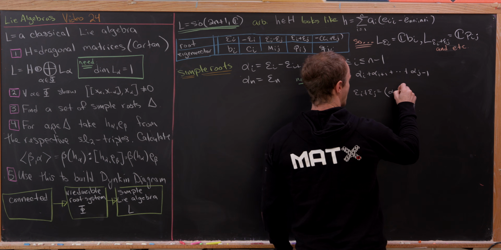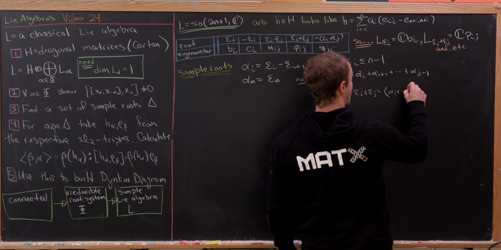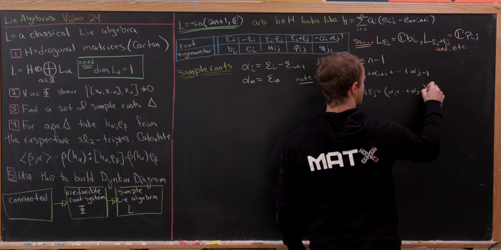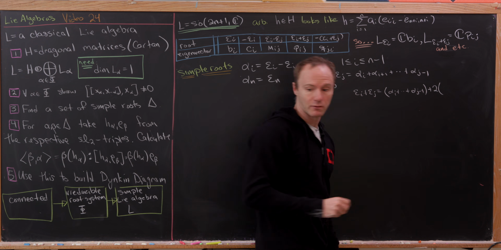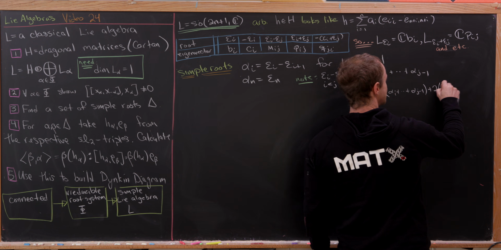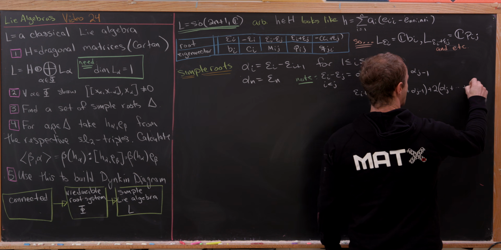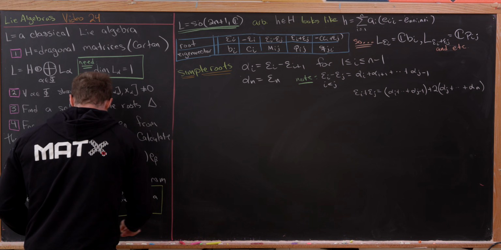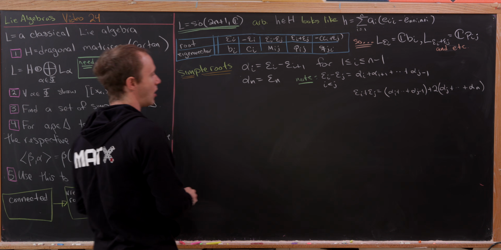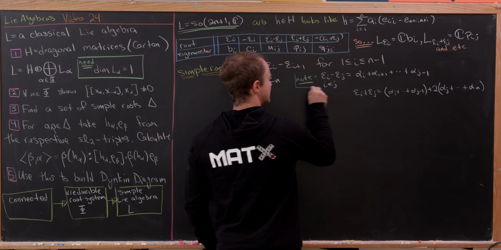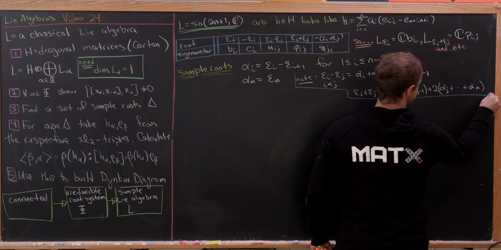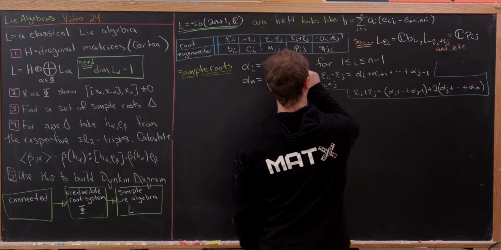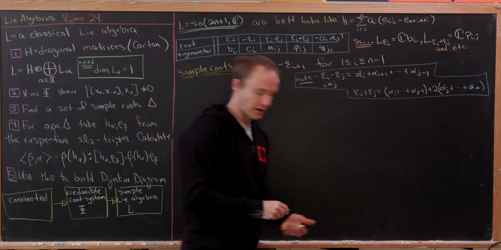It'll be alpha I added all the way up to alpha j minus 1. And then after that, we'll have twice alpha j added all the way up to alpha n. And then while looking at that, we see that we are able to gain all of the roots using our simple roots, meaning the set of simple roots is a base for our root system. Okay, cool.